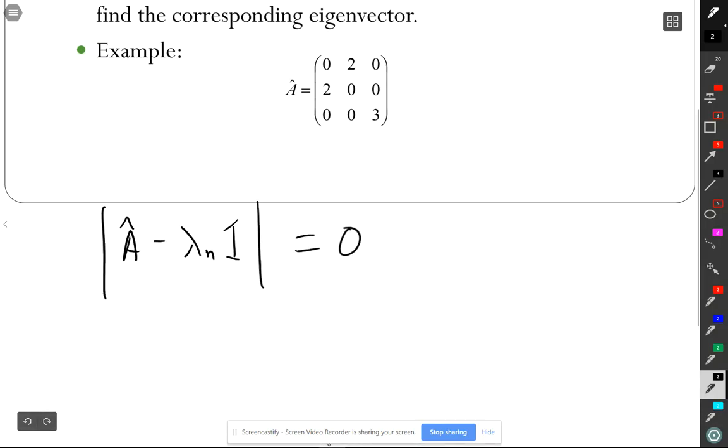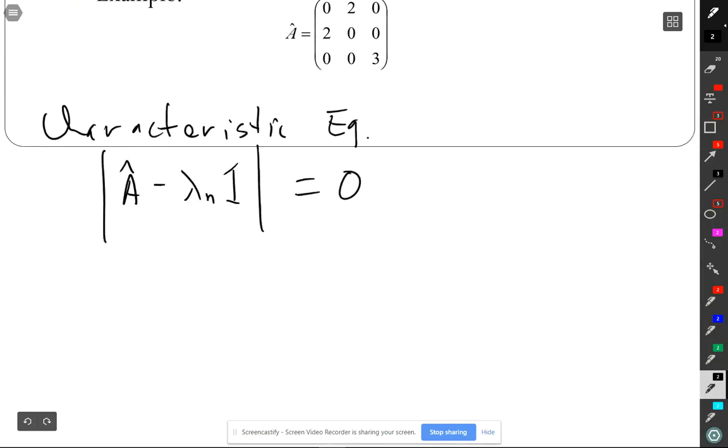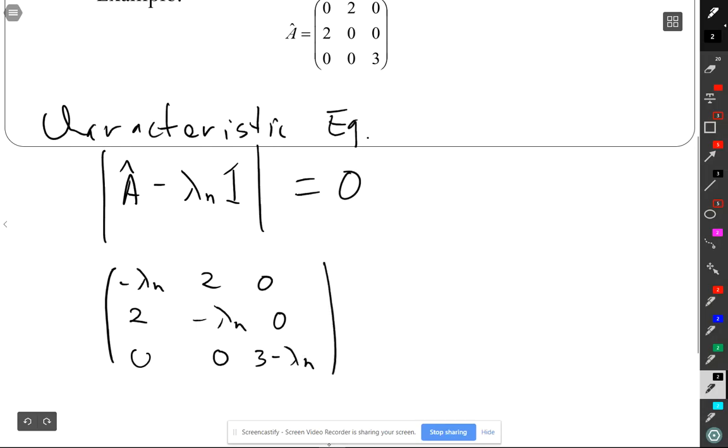So like I said, this here is the characteristic equation, which is fundamentally doing for you what the Schrodinger equation did. So in this case, I would have minus lambda n 2, 0, 2 minus lambda n 0, 0, 0, 3 minus lambda n. The determinant of that is equal to 0.